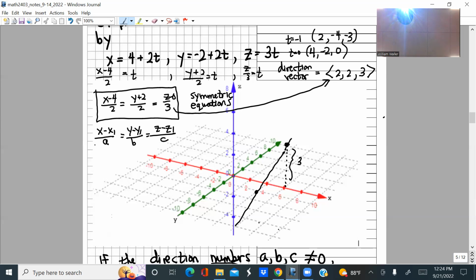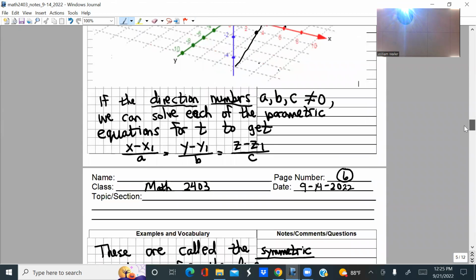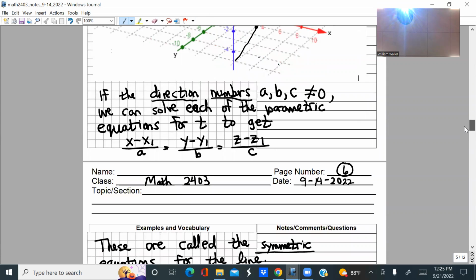The denominators in the symmetric equations correspond to the direction vector. So if you pull off the denominators, they will give you the components of the direction vector. And these values that are subtracted from the x, y, and z will give you some point on the line. I think I have this summarized in the notes.